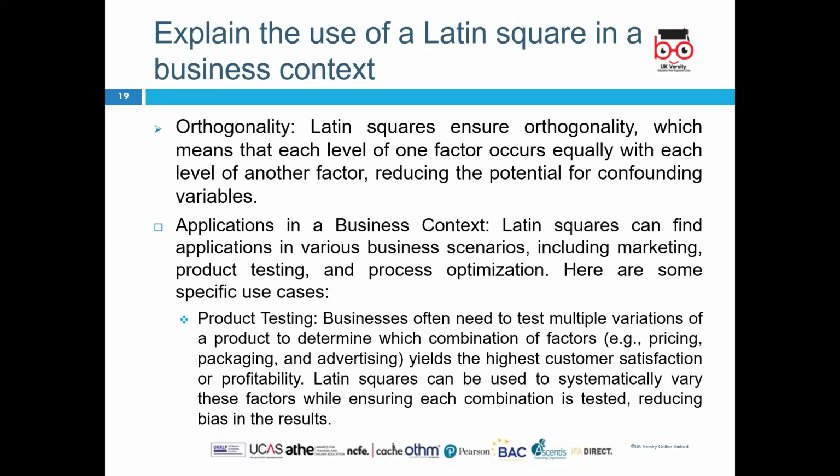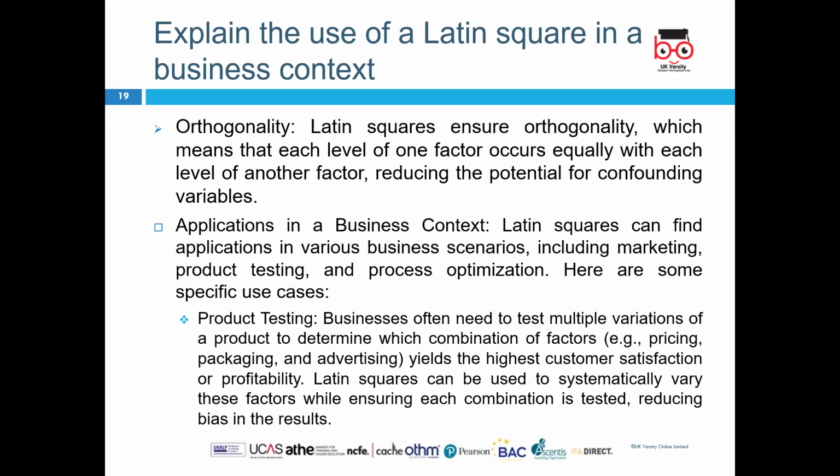Then applications in a business context. Latin squares can find applications in various business scenarios, including marketing, product testing, and process optimization. Some of the specific use cases include product testing. Businesses often need to test multiple variations of a product before it is launched into the market.